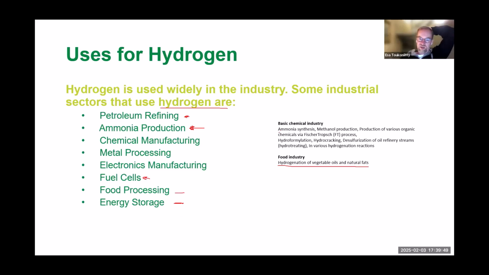Here is a list of some reactions that was not mentioned in the leftmost column. So methanol production, like also the Fischer-Tropsch reactions, these need hydrogen for the reaction. Then whenever there is some hydro prefix in that process, it typically refers to utilization of hydrogen.